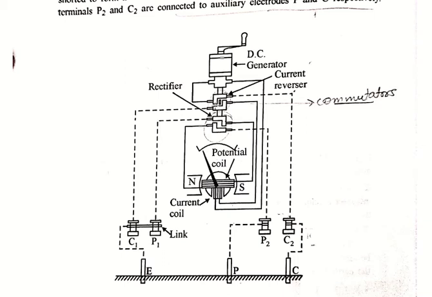One pair of each set of bushes is so positioned that they make contact alternately with one segment and then with the other as the commutator rotates.